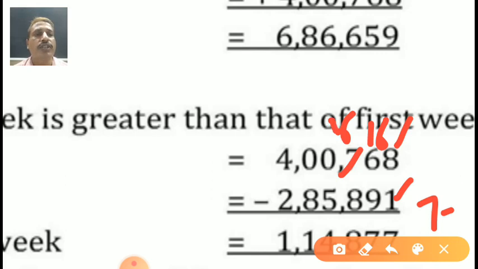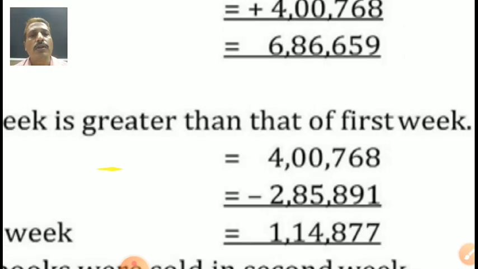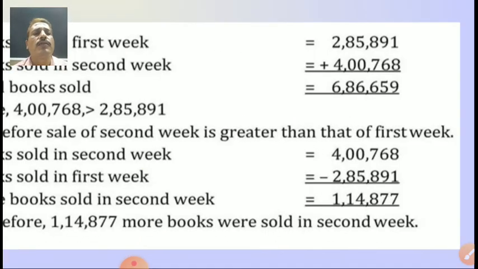Now here 16 minus 8. Now here is the 9, here is also 9, here is the 3. Yes, the final answer is here: 1,14,877 more rupees were sold in the second week of June.